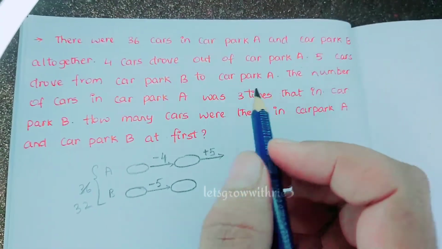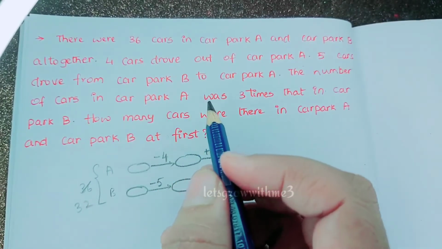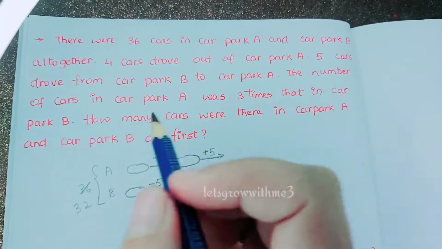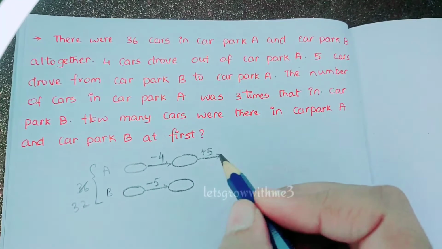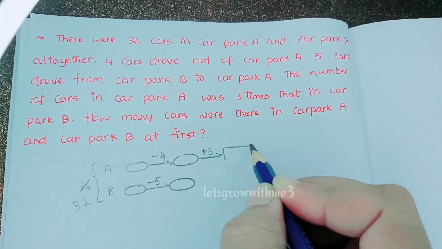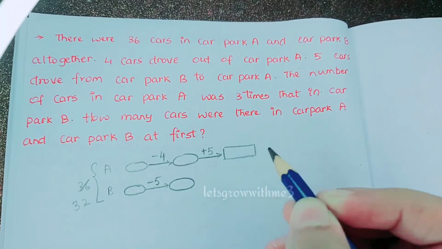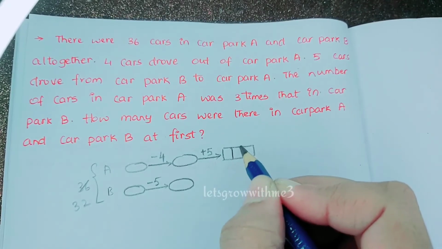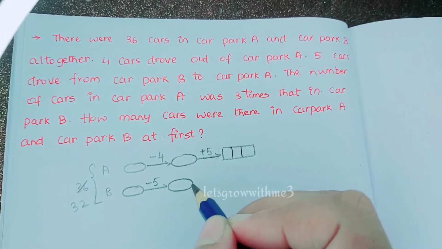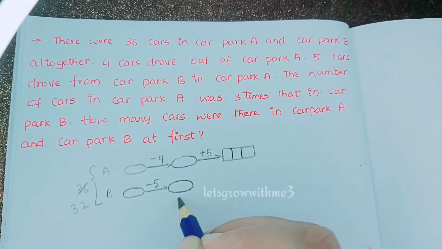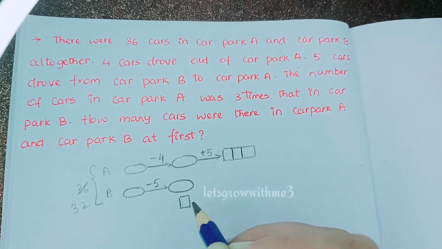The number of cars in car park A was 3 times that in car park B. So when you compare, car park B is 1 unit and car park A is 3 units.